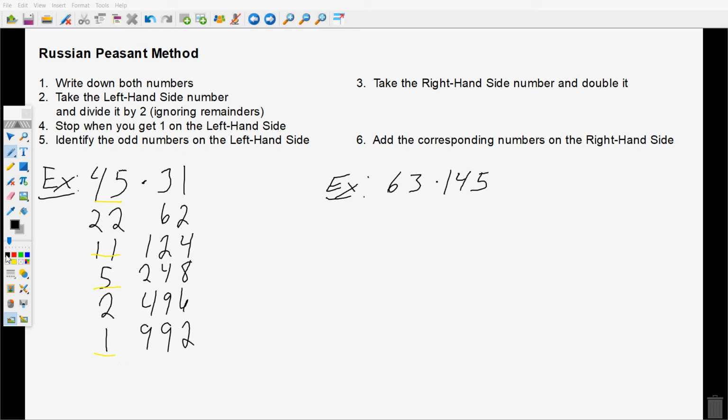And then step 6 says add those corresponding numbers from the right-hand side. So I am going to be adding 31, 124, 248, and 992.